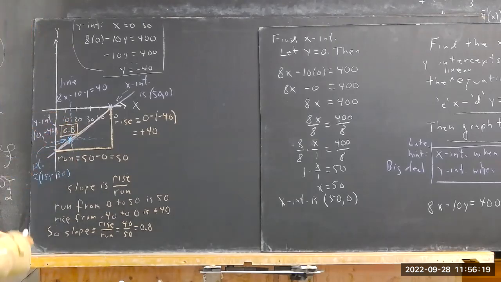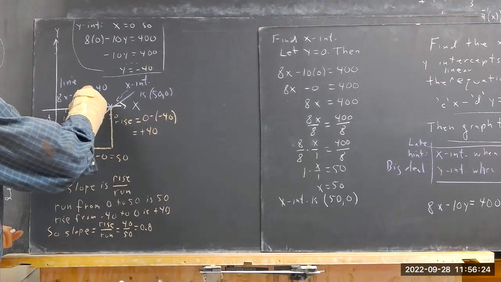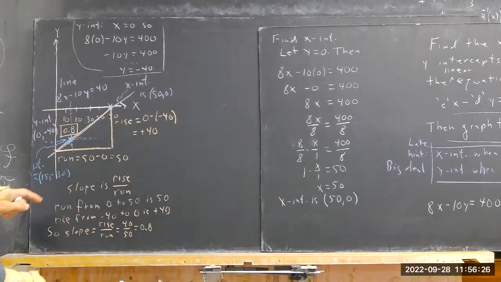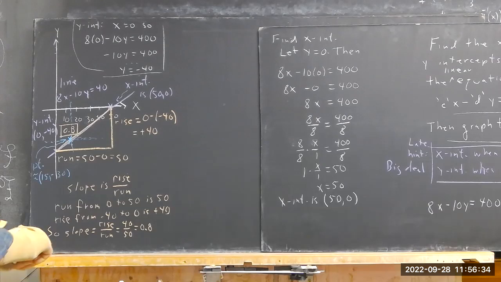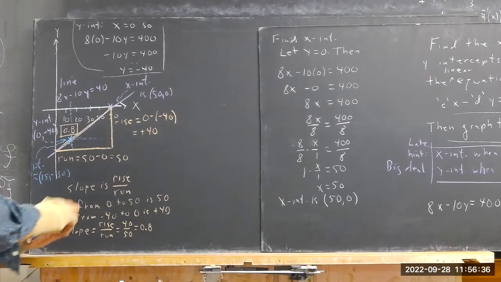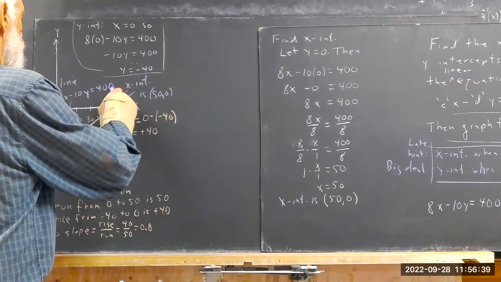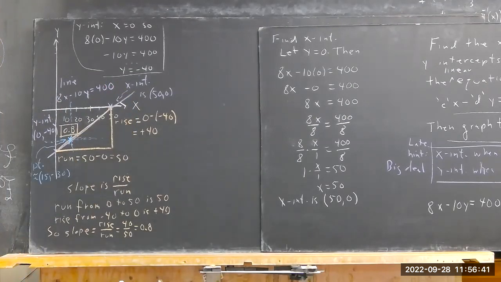Remember, our equation is 8x minus 10y equals 40. So if you plug in 15 for x and -30 for y, you get something close to 30 or 40. And it's not 40, it's 400. So calculate it. If x is 15 and y is -30, what do you get?